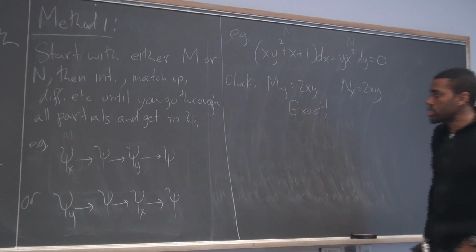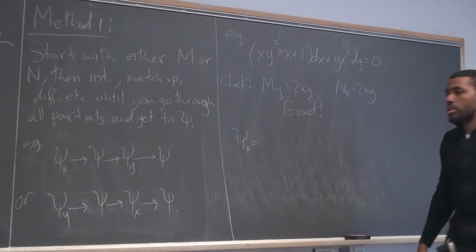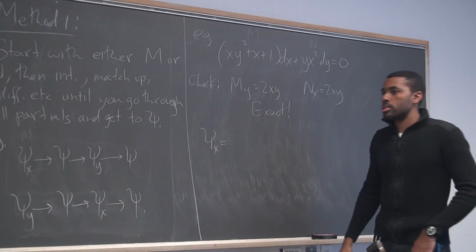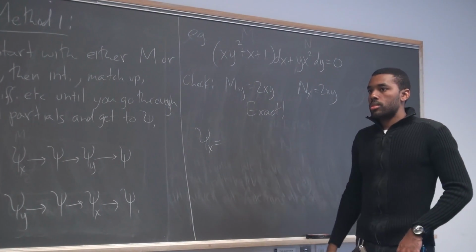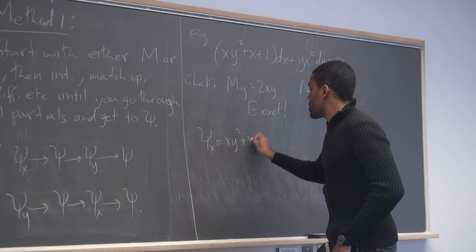How do we find it? Well, start with one of them. We know that gamma_x is xy squared plus x plus 1.